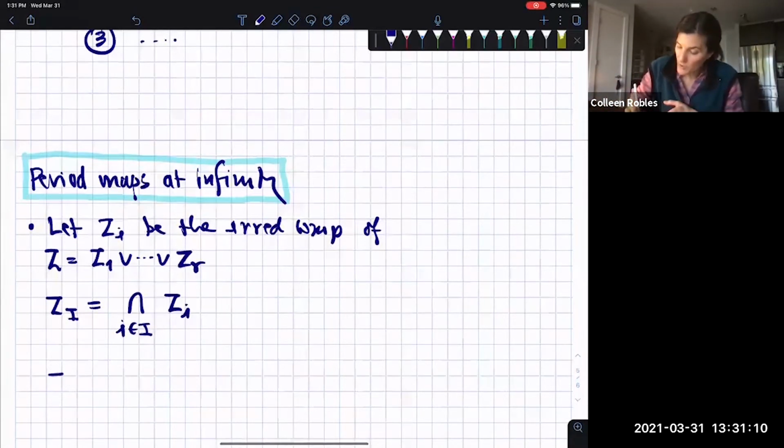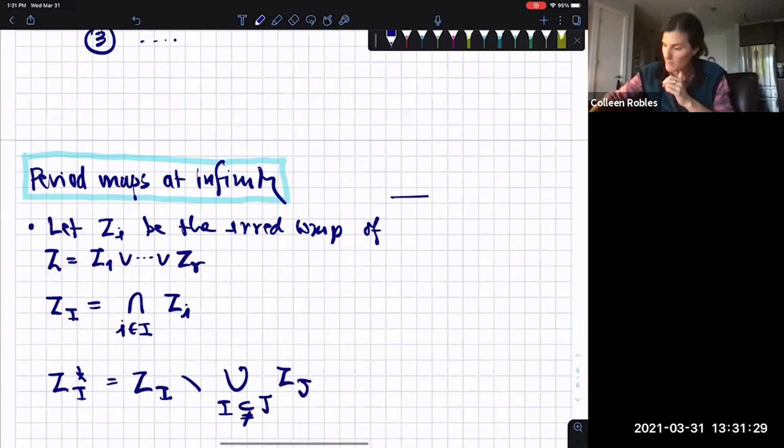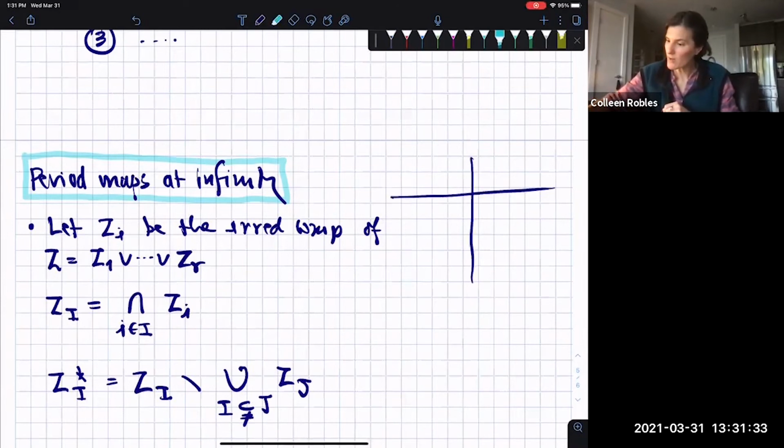And then the open strata that I want to look at is the complement of this closed strata with the substrata removed. So this is going to be Zi minus the union over I contained in, but not equal to J, Zj. I'm sure you've seen this picture, but let me draw it anyways.